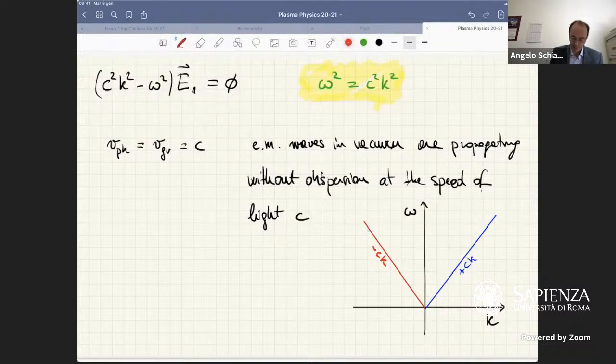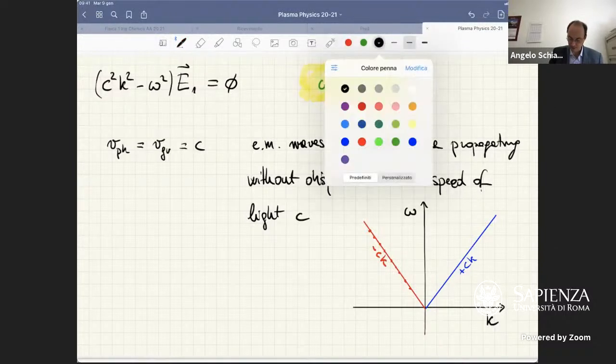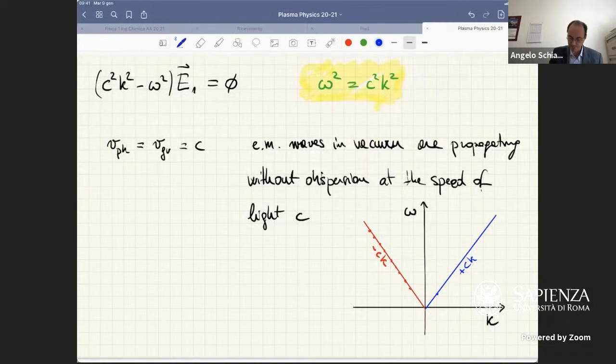So any point on these two lines is representing light waves in vacuum, and they sit on two lines whose slope is plus or minus c.